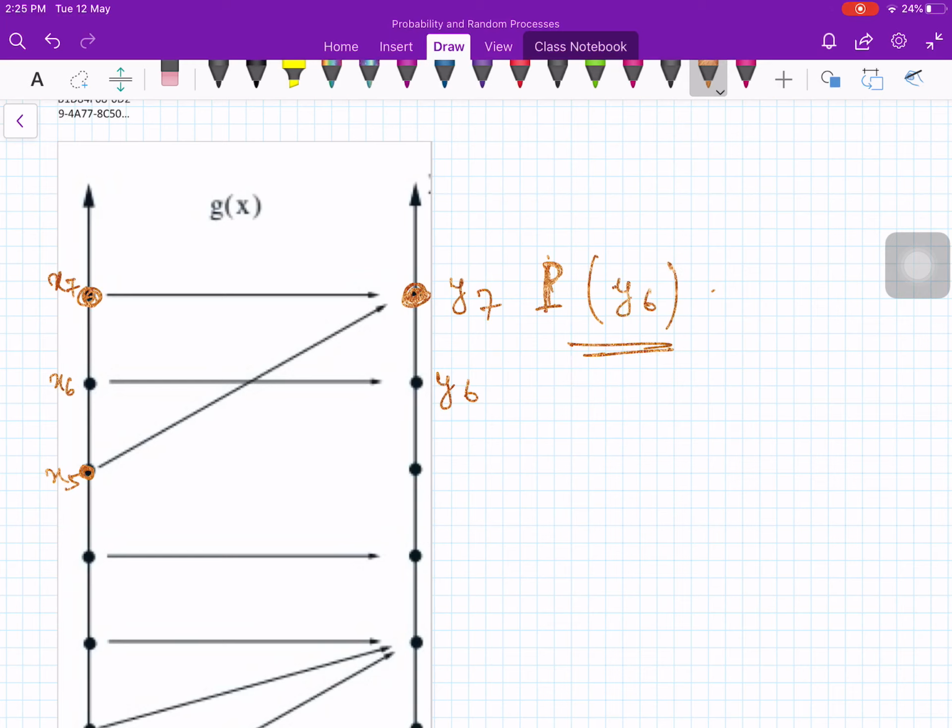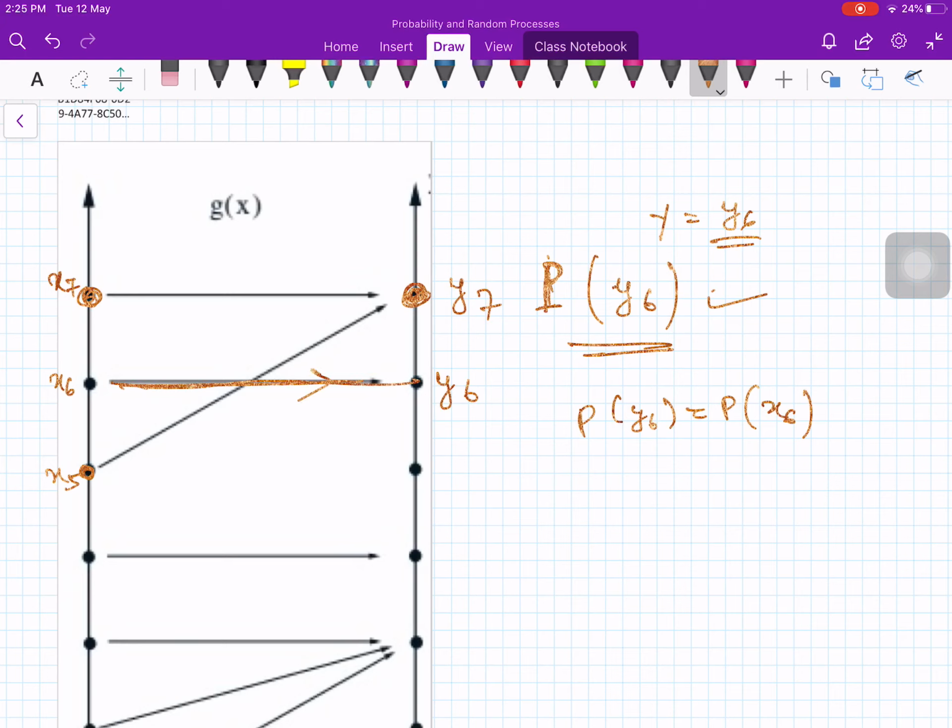Now the question is, what is the probability that the random variable capital Y is going to take this value y6? So how do you find this probability? At least in this diagram, you would say P of y6 is the same as P of x6, because there is only one event that gives rise to this event.